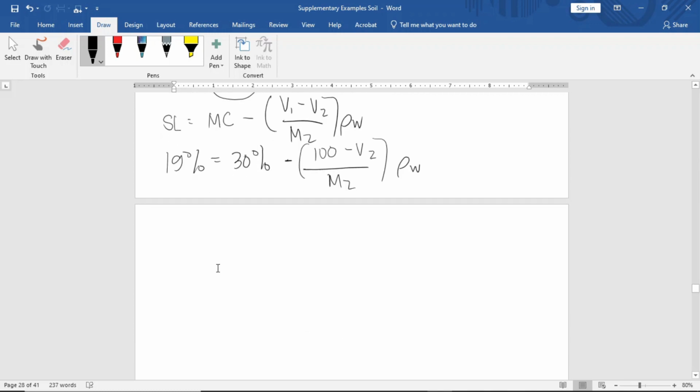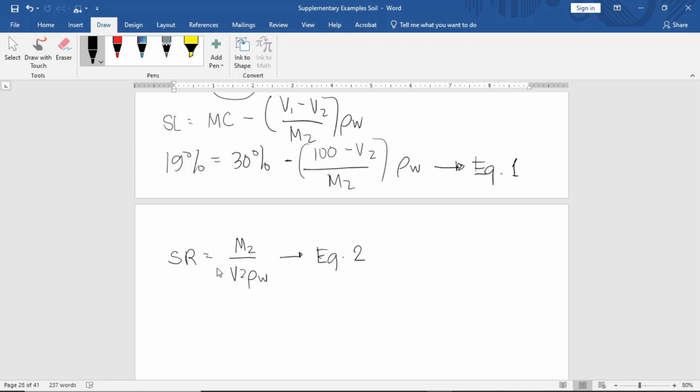So, ito na yung formula, equation number 1 natin. Equation number 2 natin is shrinkage ratio is equal to M2 all over V2 times the density of water.